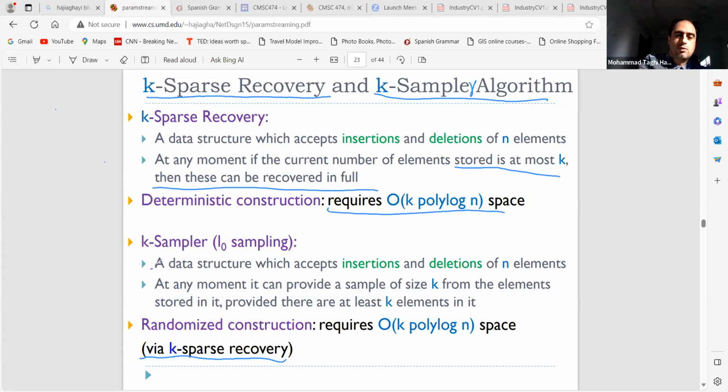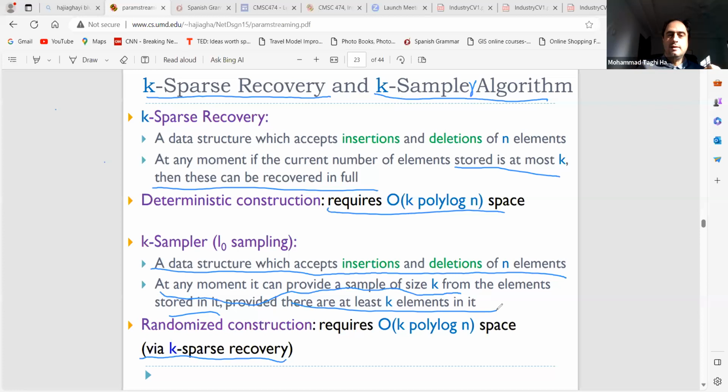It says that we want a data structure which accepts insertion and deletion of n elements, and at any moment can provide a sample of size k from the elements stored in it, provided there are at least k elements in it. That was exactly the part where k-sparse recovery didn't have any guarantees.